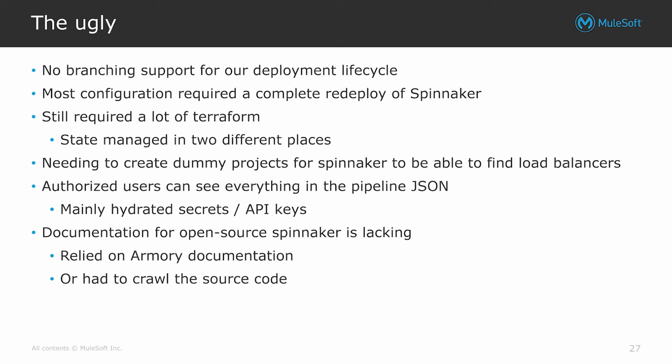You need to set up a lot of infrastructure for Spinnaker to find the ELBs and understand that this is an application, and then move forward with deploying that application. So we end up creating dummy projects for Spinnaker to be able to find things if your load balancers don't match the same naming scheme, stuff like that.